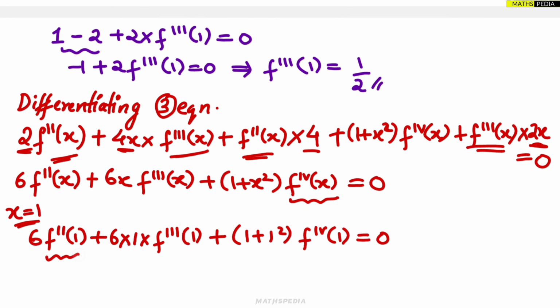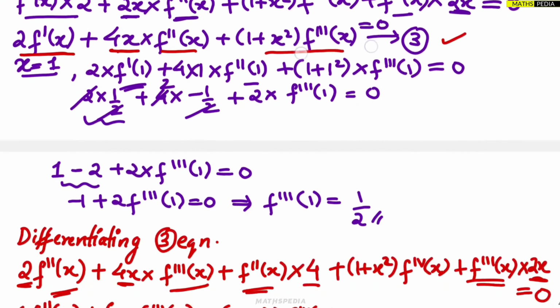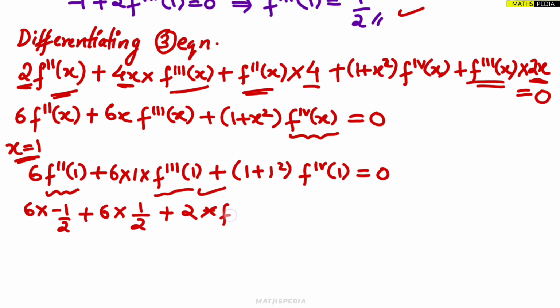Okay, so these particular values we need, these two values we have already. So f double dash of 1, if you see, it is minus 1 by 2. So you have to substitute here minus 1 by 2 plus 6 into this value we got just now, which is 1 by 2, plus 2 into f the fourth derivative, right?